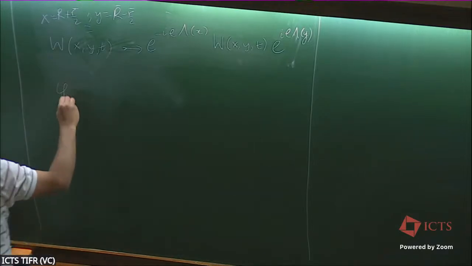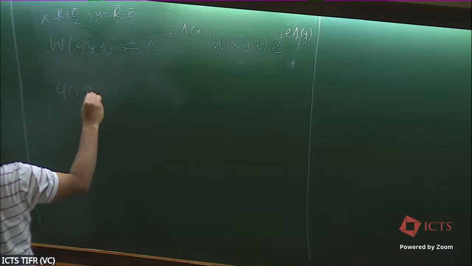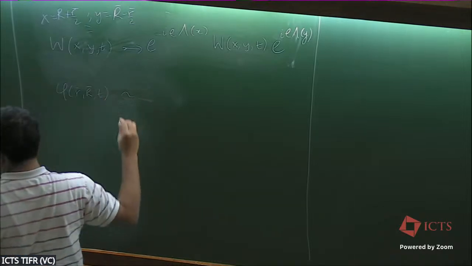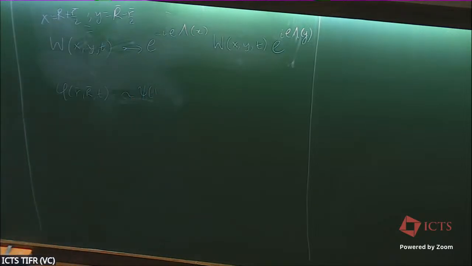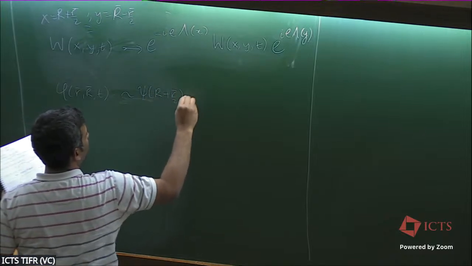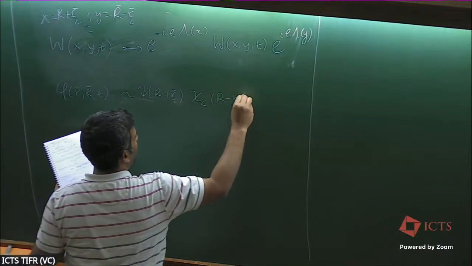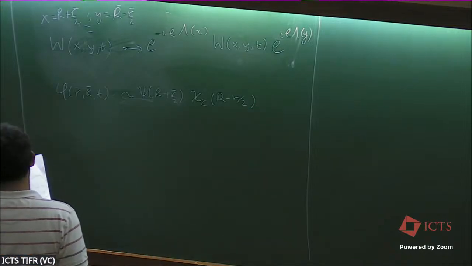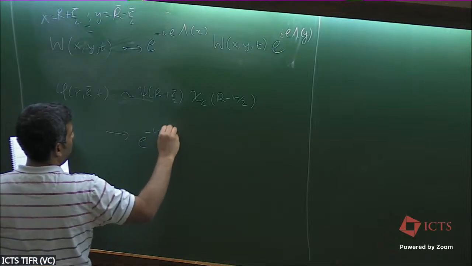My phi field, which is defined as some R, capital R, and T, is really proportional to, so look at this picture basically here. I have a particle at position r plus r half by 2, anti-particle at position r minus r half by 2. And this transforms as some e raised to minus i e lambda x.